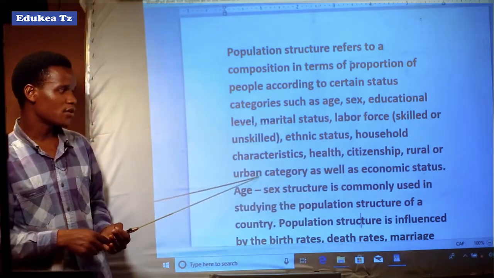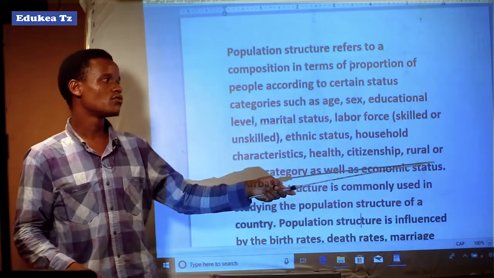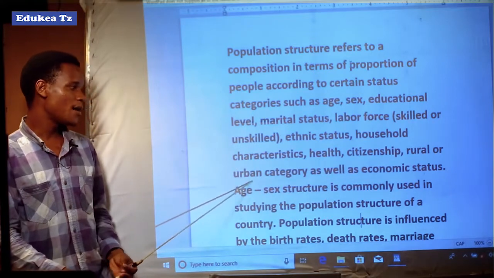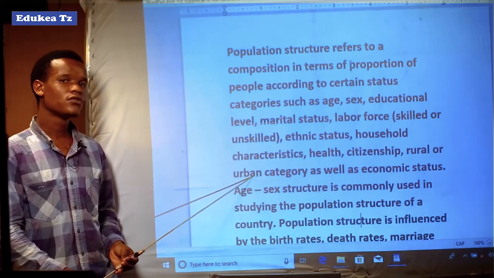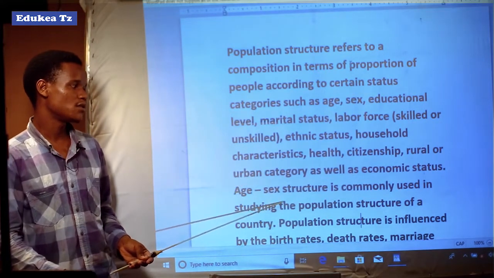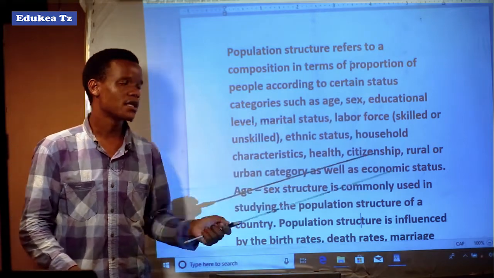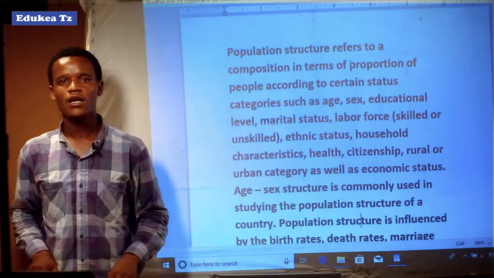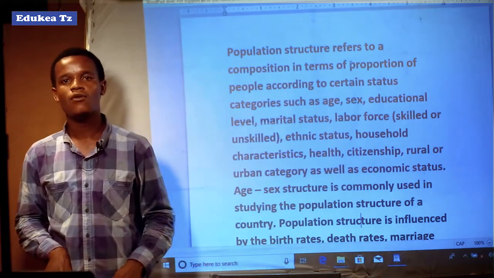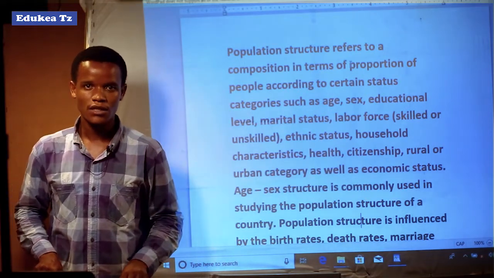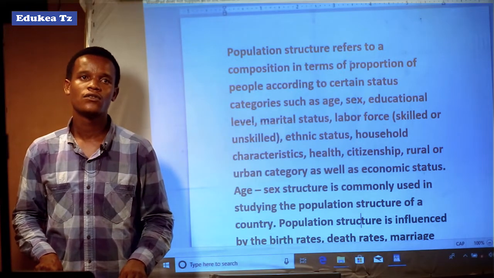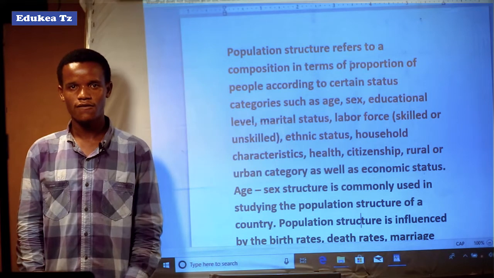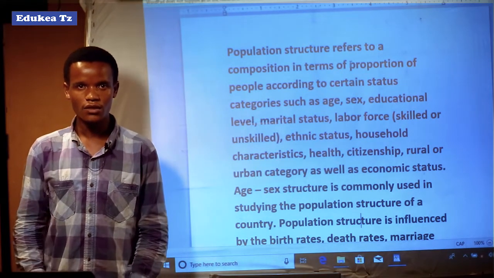Rural or urban category: here we are going to look at those who are living in rural areas, or urban areas, meaning those living in towns and cities. As well as economic status. In our society, some people have good economic status compared to others who do not. So people tend to differ in society.